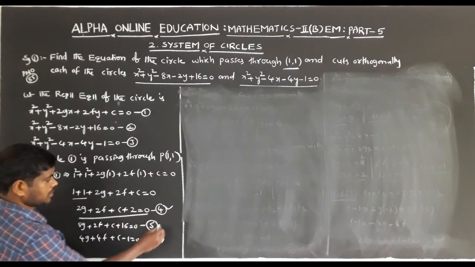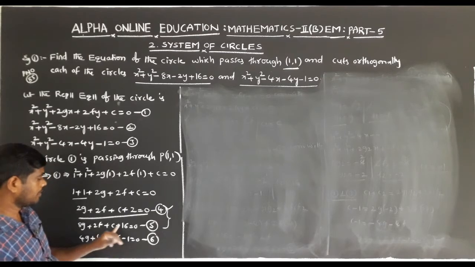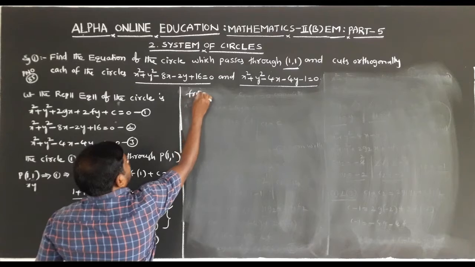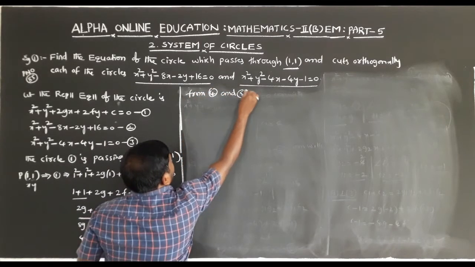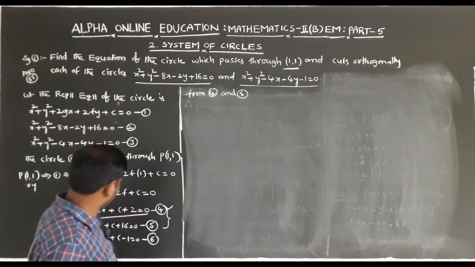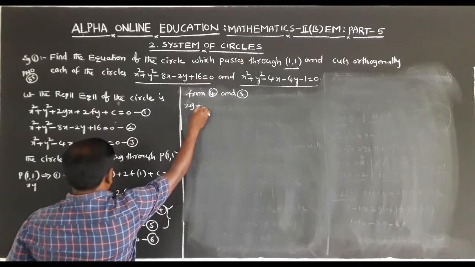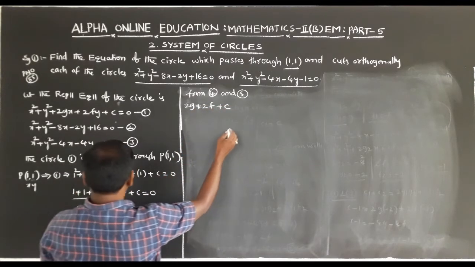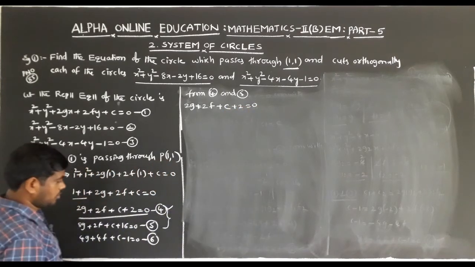First of all, solve 4 and 5, eliminating c from 4 and 5. Fourth equation: 2g plus 2f plus c plus 2 is equal to 0.